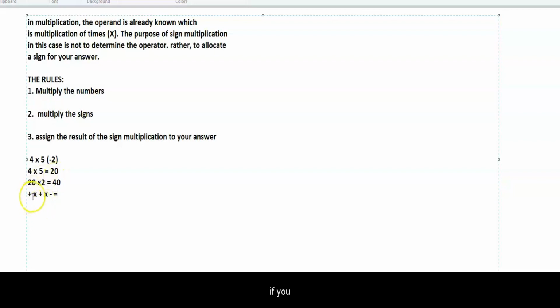So plus times plus is a plus. Plus times minus is a minus. There you go. Now your final answer is going to be minus 40. So that's it.